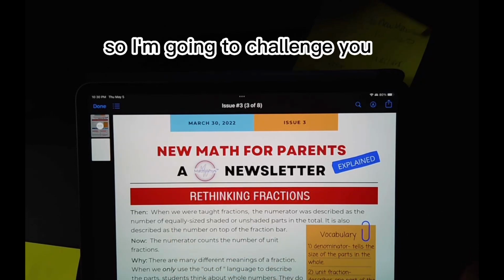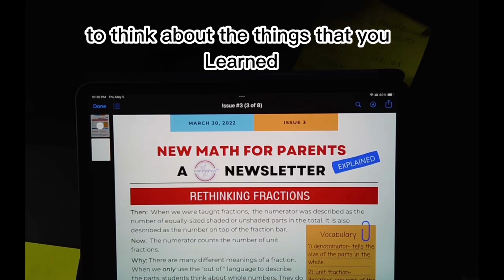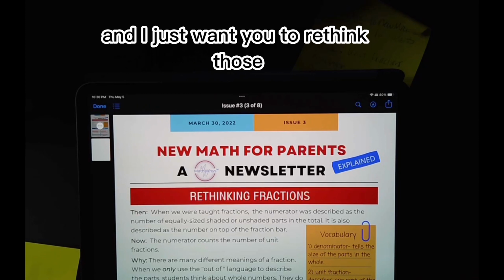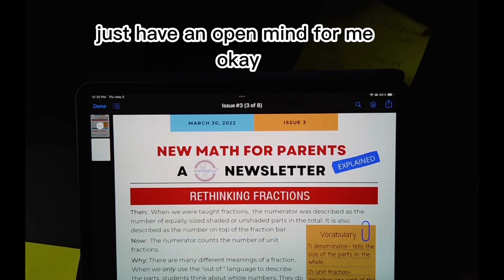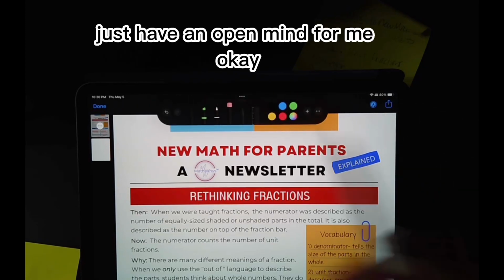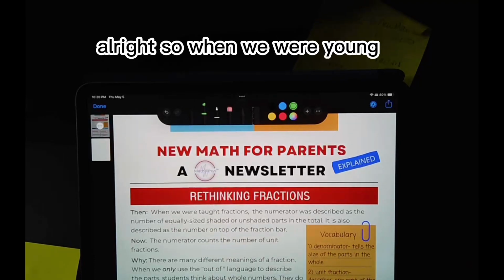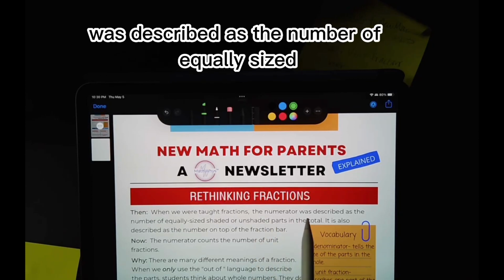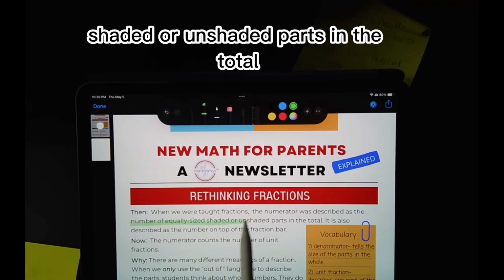I'm going to challenge you to think about the things that you learned when you were younger, and I just want you to rethink those. Just have an open mind for me. When we were young, we were taught that the numerator was described as the number of equally sized shaded or unshaded parts in the total.